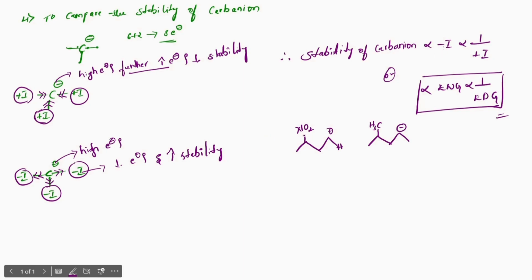Which is the negative inductive group? Here NO2 is the negative inductive group and CH3 is positive inductive group. So this is A and this is B. NO2 is negative inductive group which is directly proportional to stability of the carbanion. That means stability increases with negative inductive groups. Therefore A is more stable than B.